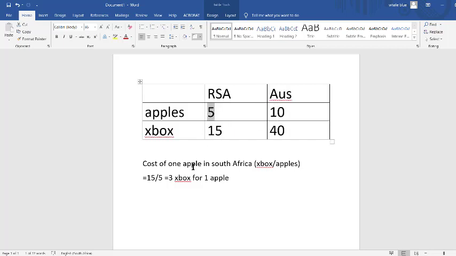So the cost of one apple would be 15 X boxes divided by the 5 apples, which means that for every one apple, 3 X boxes have to be given, or the price of one apple is 3 X boxes. So this is called the terms of trade. 3 X boxes for one apple. So if this country wanted to have 2 apples, what they had to do is give up 6 X boxes. And if they wanted to have 5 apples, they have to give up 15 X boxes.